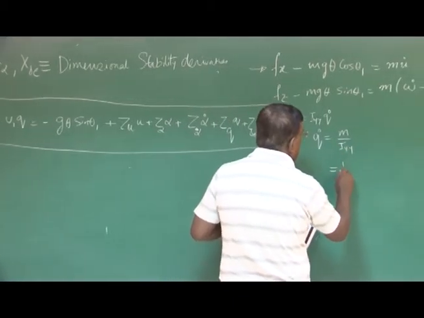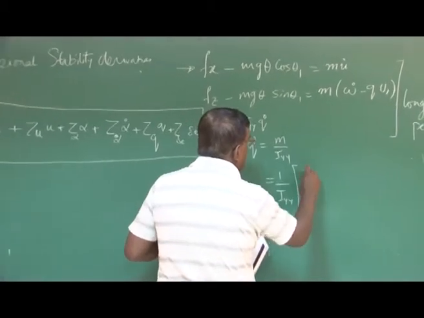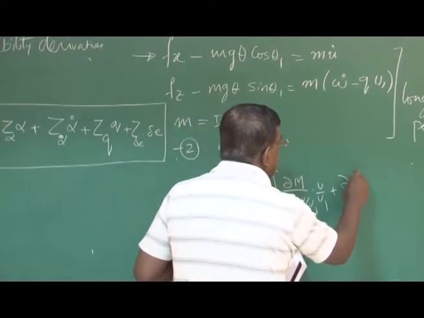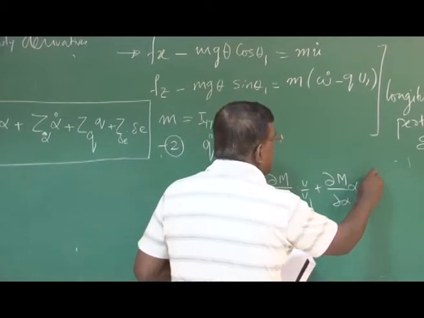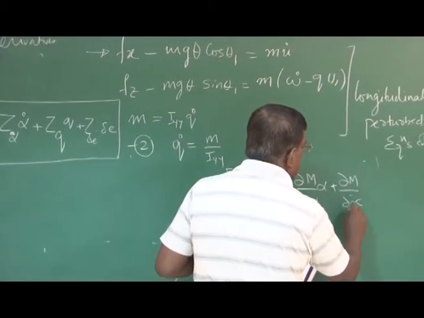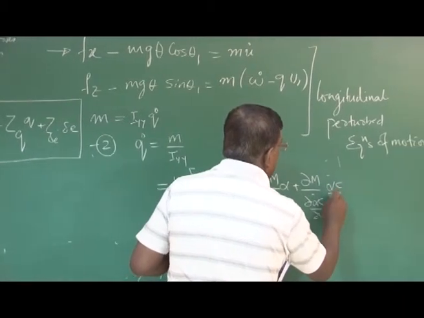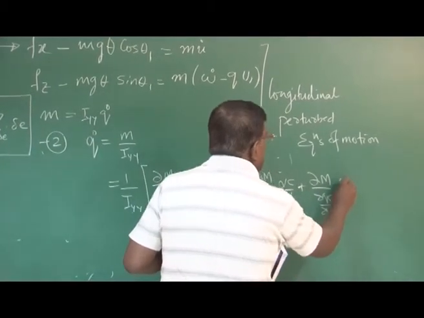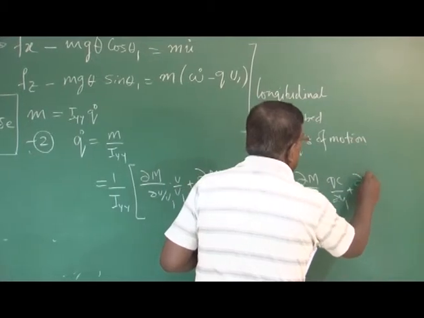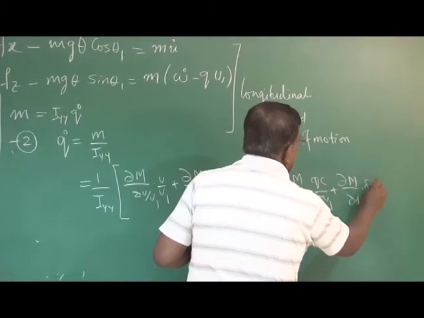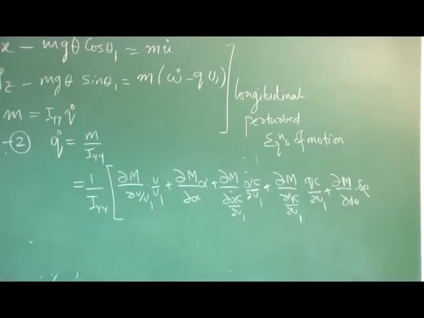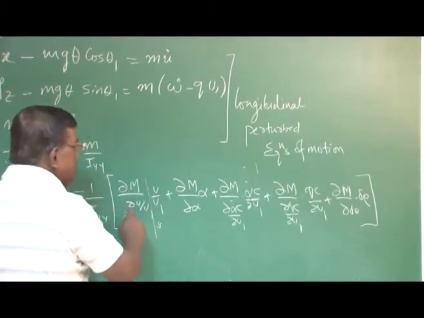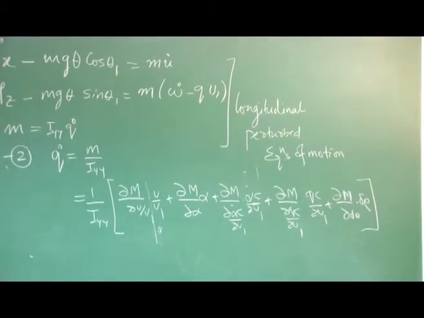And again for M, I will write dM by d(u/U1) into u/U1 plus dM by d alpha into alpha plus dM by d(alpha dot c/2U1) into alpha dot c/2U1 plus dM by d(qc/2U1) into qc/2U1 plus dM by d delta E into delta E. Of course, by now you are experts that these partial derivatives are to be evaluated at steady state, and we have all done this.